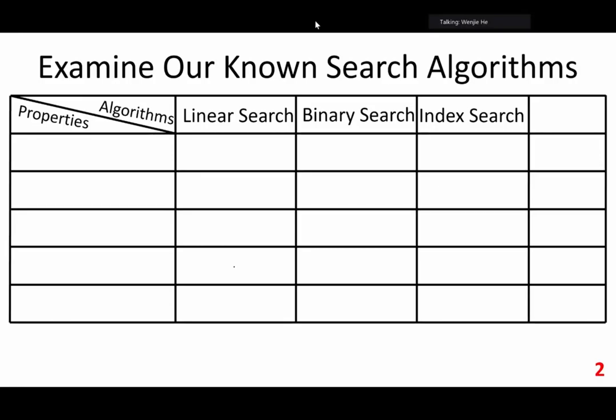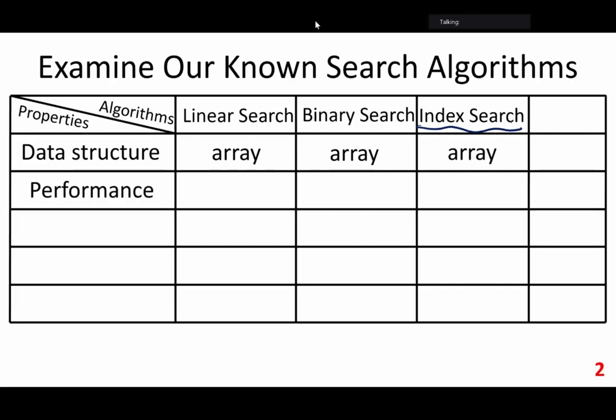I put it here for comparison, called index search. The data structure: linear search uses an array, binary search uses an array, index search also uses an array. Performance: linear search is big O of n, binary search is big O of log n, and index search is extremely fast, big O of 1. Why so fast?